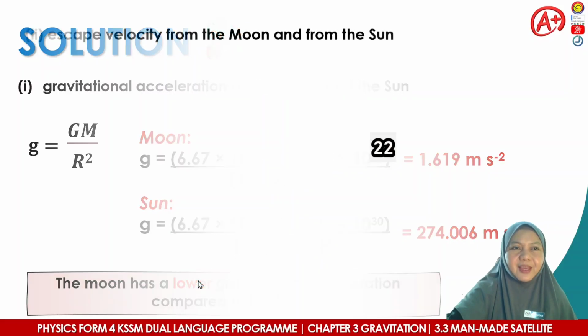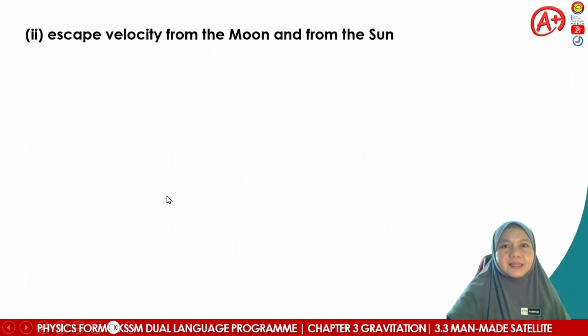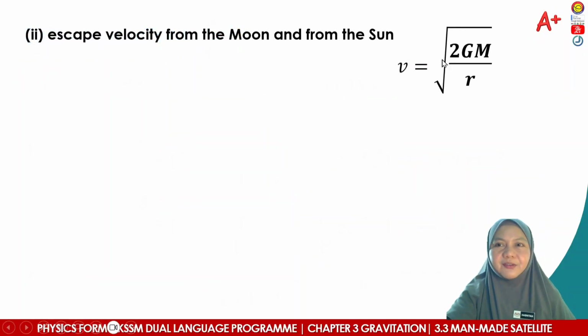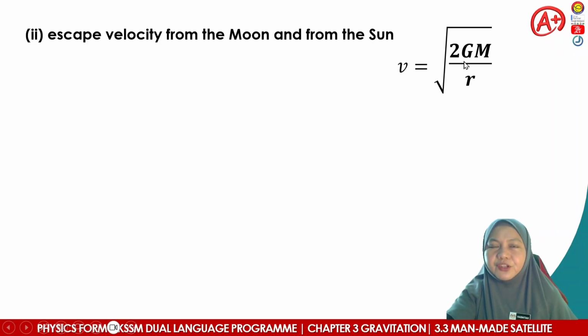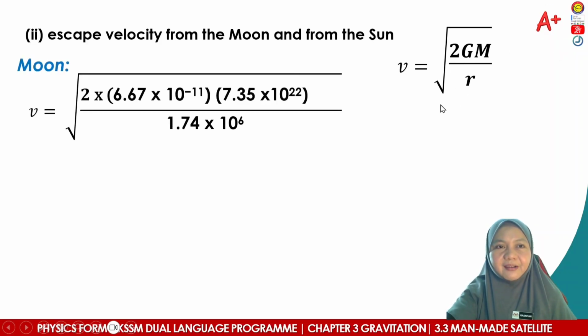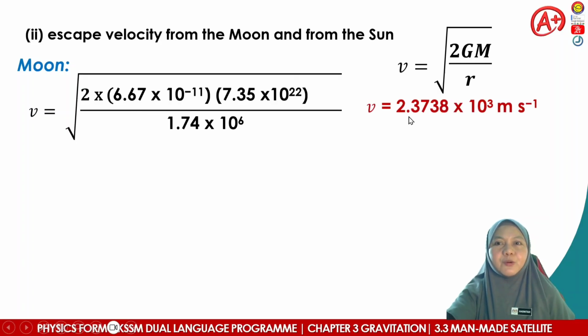Alright? Then second, compare the escape velocity. Remember, this is the formula for escape velocity. v equals the square root of 2GM divided by R. So for the moon, it is 2.3738 times 10 to the power of 3 meter per second.